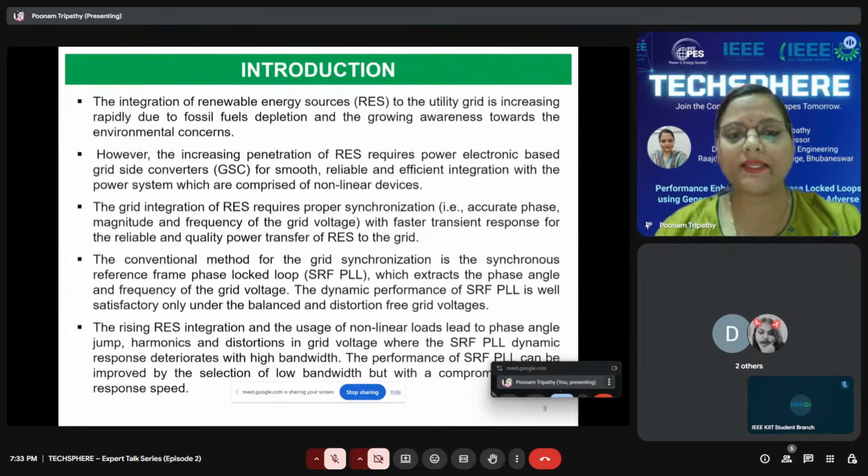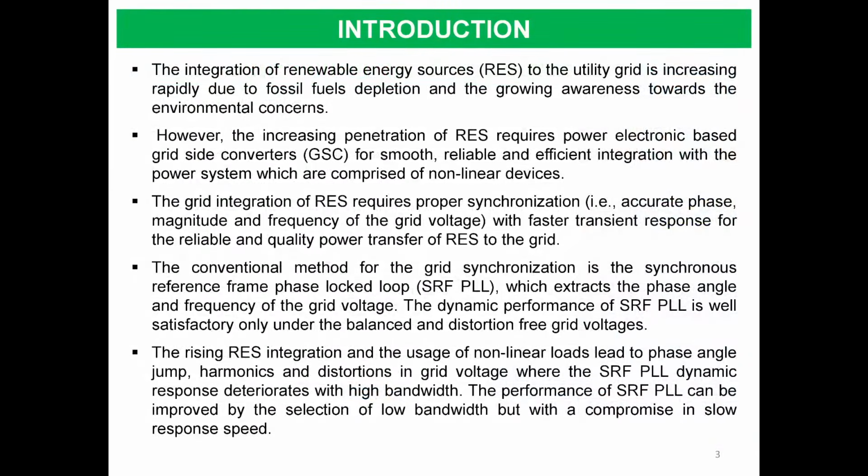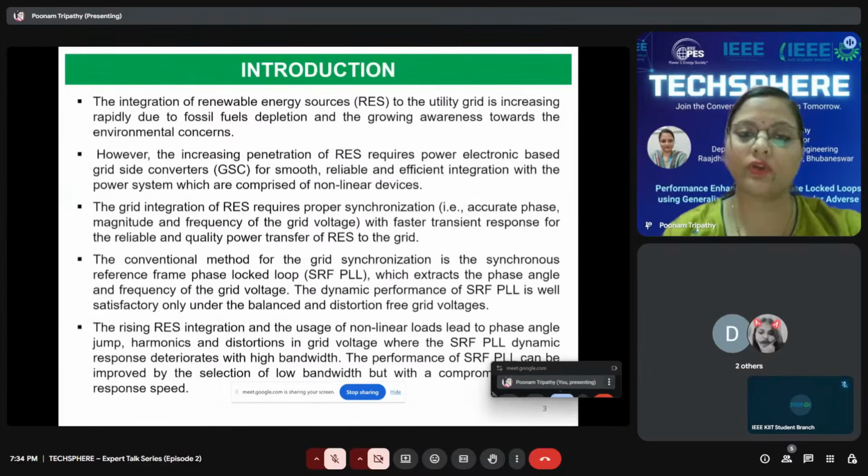Synchronization systems like phase lock loops ensure that the voltage parameters injected by the renewable energy sources, which are voltage magnitude, phase angle, and frequency, remain in phase with the utility grid's voltage parameters, that is voltage magnitude, frequency, and phase angle.